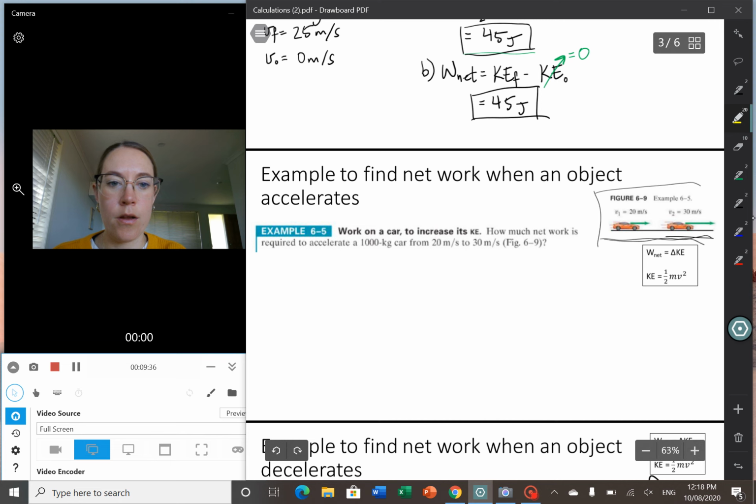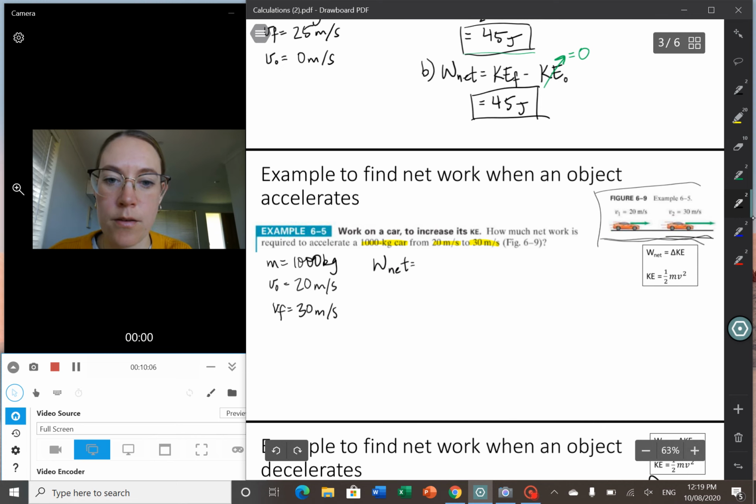So how much net work is required to accelerate a 1,000 kilogram car from 20 meters per second to 30 meters per second? So I know the mass of the object. I know that its initial velocity was 20 meters per second, and its final velocity is 30 meters per second.